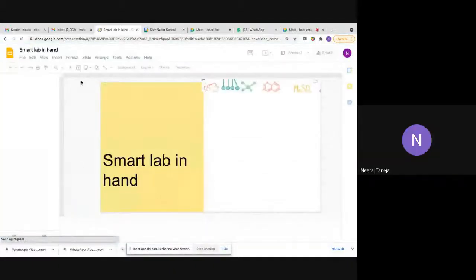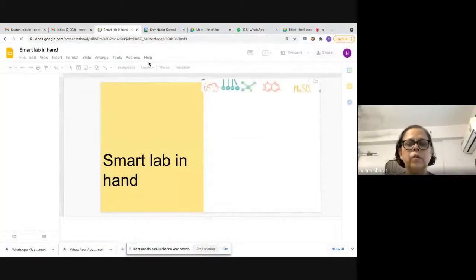I was trying to use a dual screen, but somehow it's not working, so I'll come back to this screen. Vinita, just let me know if you can see my screen. Yes, we can see. Over to you.